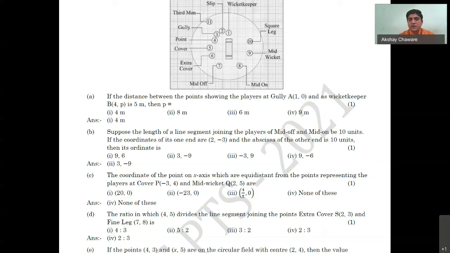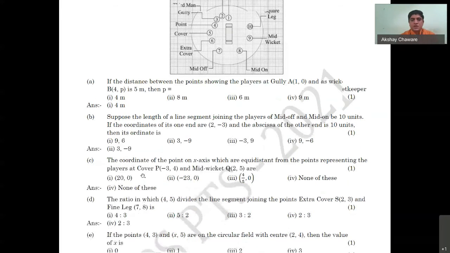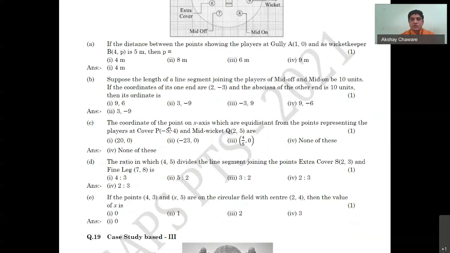One is 2, -3 and another is 10, y, because here we have to calculate the ordinate. And the distance between these 2 points is 10 units. So again, we can use the distance formula here. After squaring, we will get one quadratic equation, and again we will get the values for y, and the correct answer is 3, -9.